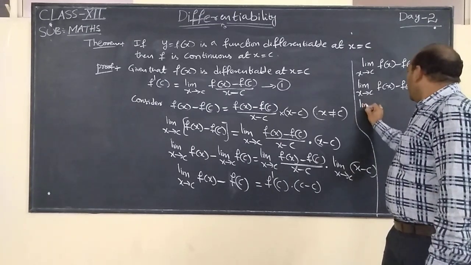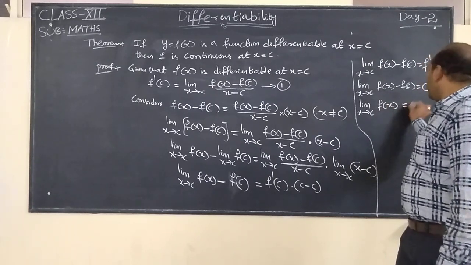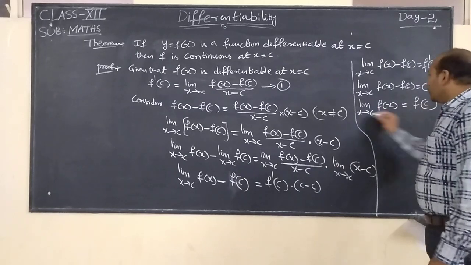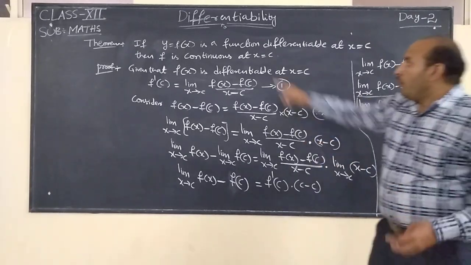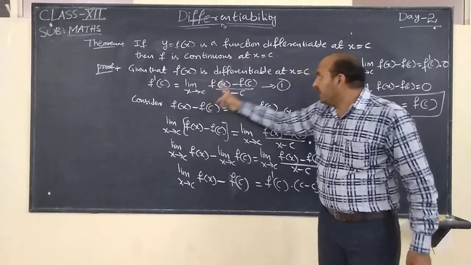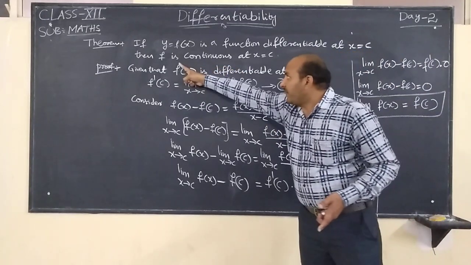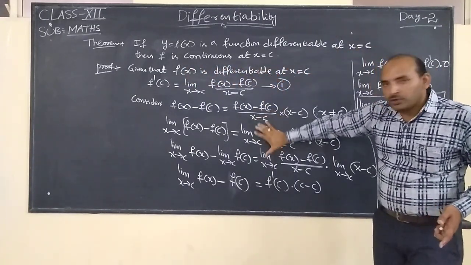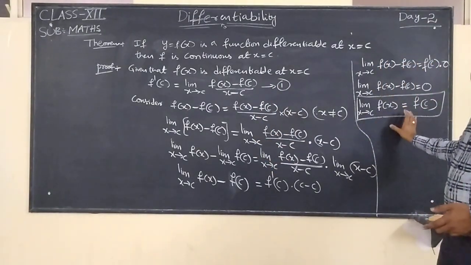So limit x tends to c of f of x equals, taking this minus f of c to this side, f of c. Now according to the data, we are taking a differentiable function at x equal to c, and we have to prove f is continuous at x equal to c.